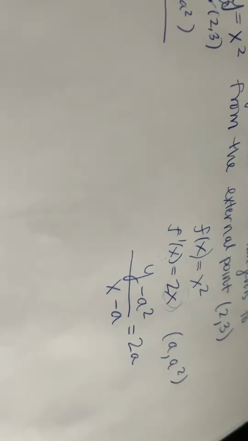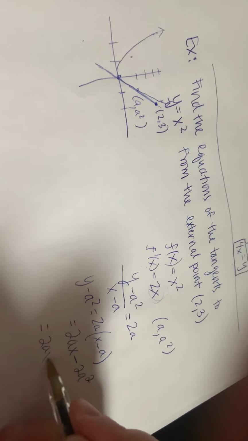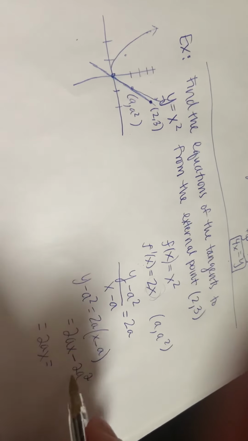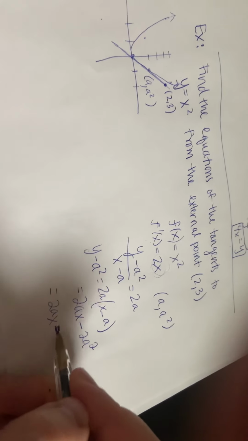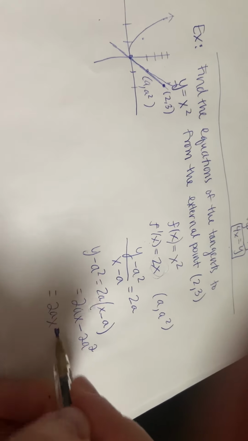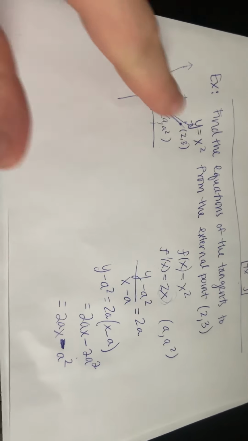So my final answer is y equals 2ax minus a squared. So that is the equation for the tangent at the point (a, a squared).